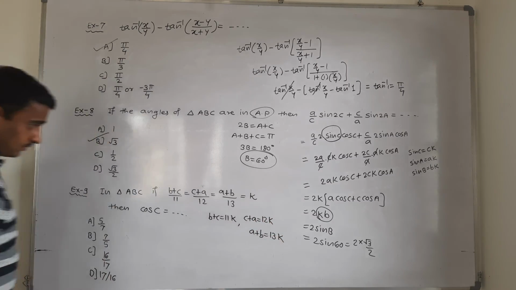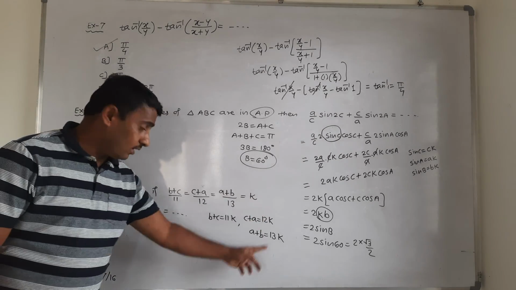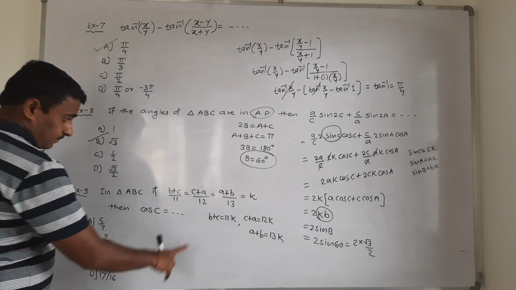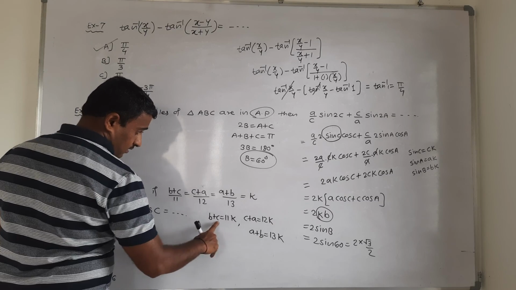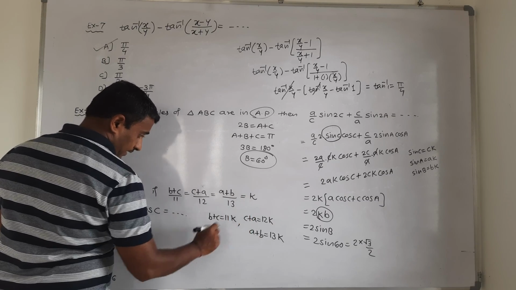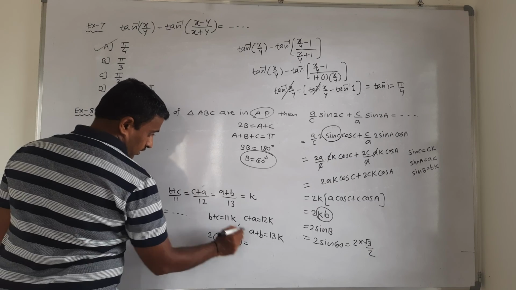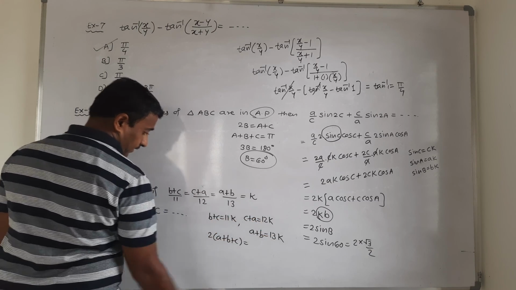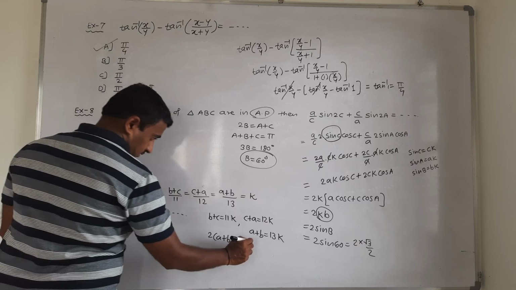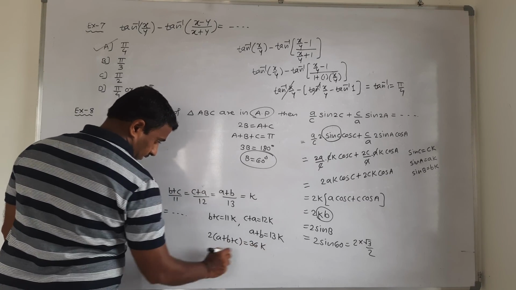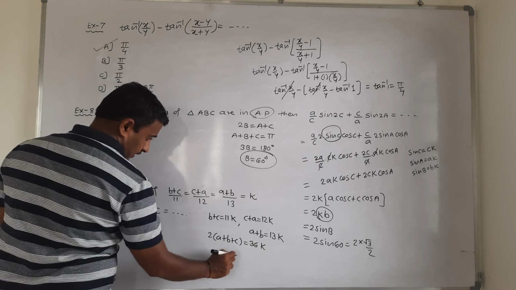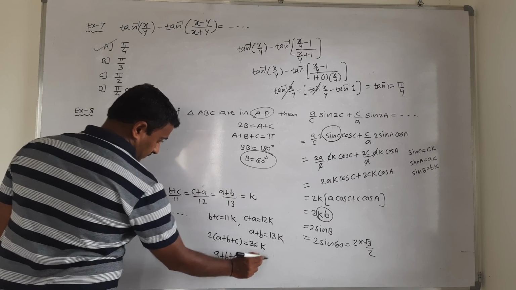Now adding all, we get 2 times (a + b + c) = 11k + 12k + 13k, that is 36k. Therefore a + b + c = 18k.